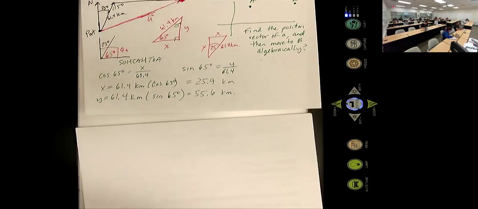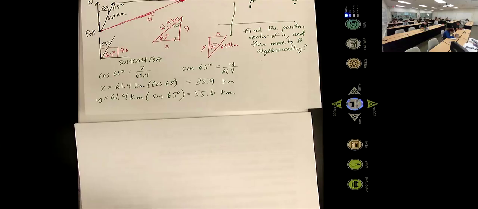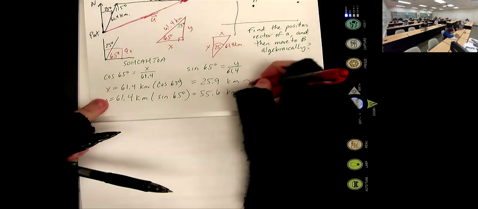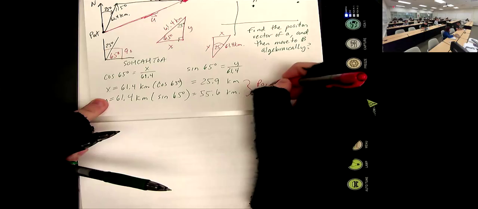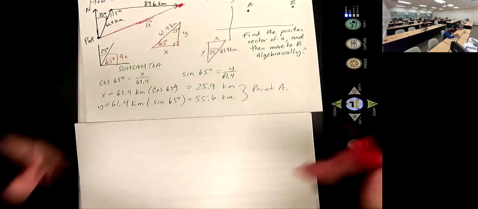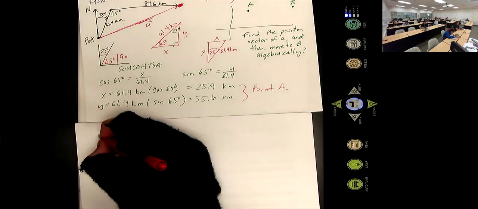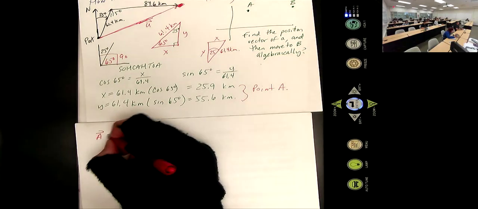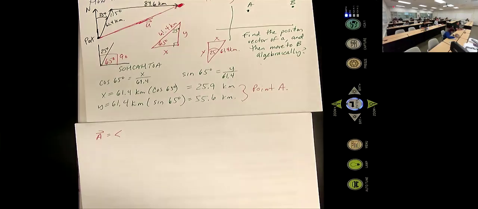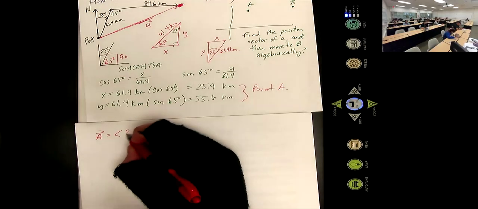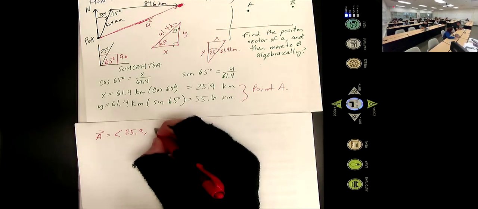How would I write, so this is at point A. How do I write the vector to point A? 25.9 comma 55.6.